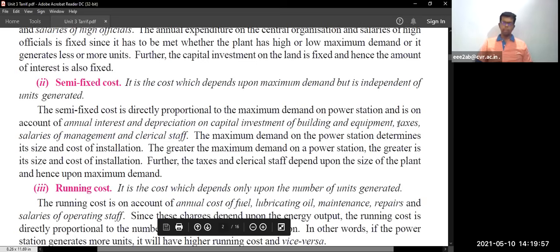Why? Because per kilogram of coal itself costs around 18 rupees minimum, and if you combine all the things like generation cost, then transmission cost, distribution cost, and in the distribution also some members come to your home.